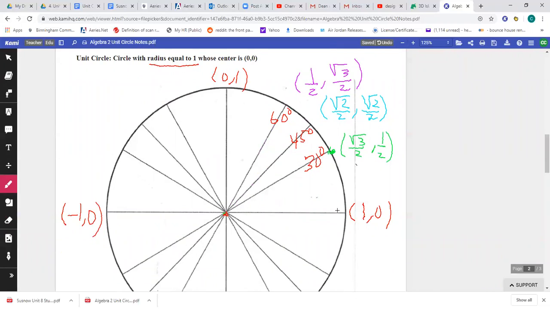Now, before we move on to some of these other lines, let me explain this circle a little more. As you can see, the angles are increasing as we go counterclockwise, right? Actually, right here is the start of it. This is 0 degrees.